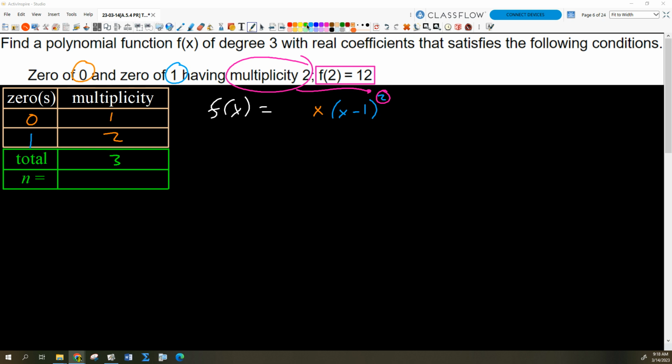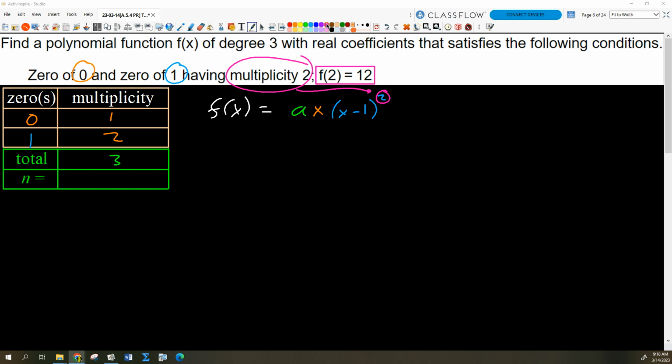But they did give us a piece of information that's going to help us. They told us that f of 2 equals 12. What does that mean, f of 2 equals 12? Okay, if I put in 2 for x, I'm going to get 12 as the output of my function. So let's do that then.